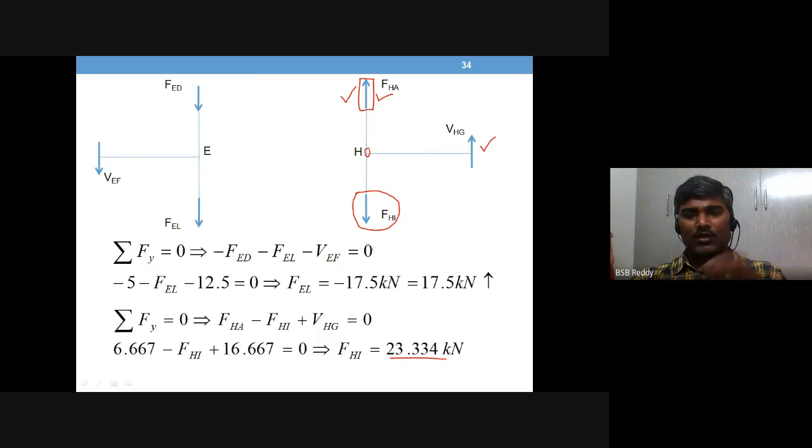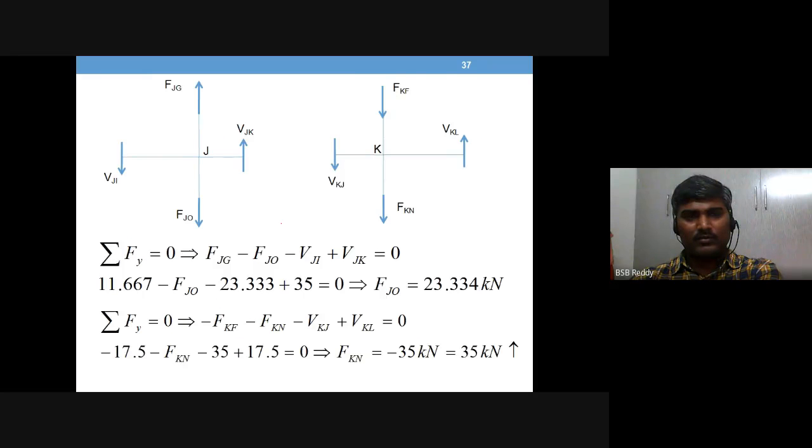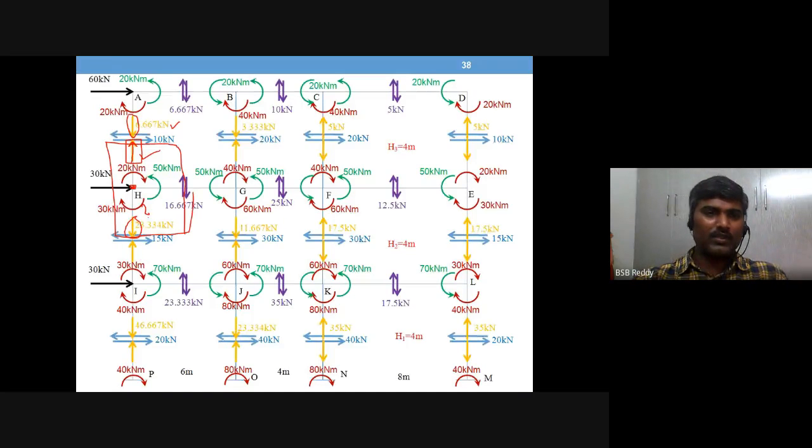HI. So once you solve for any column axial load, just put it in the diagram, and for the counterpart, I mean the other half of the column, also mention the nature. Once you go to the next joint, you don't have to worry about which direction it is, because it is already placed in the diagram.